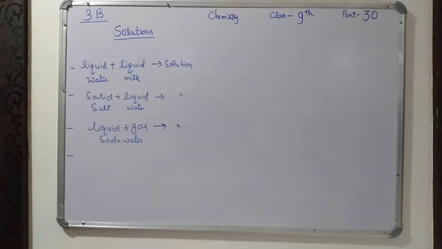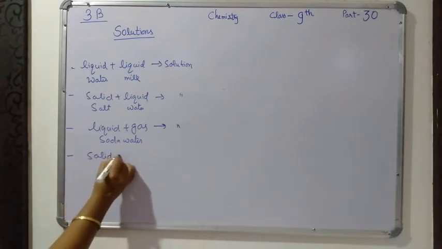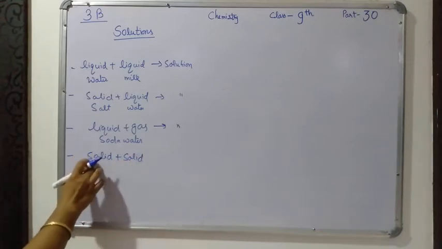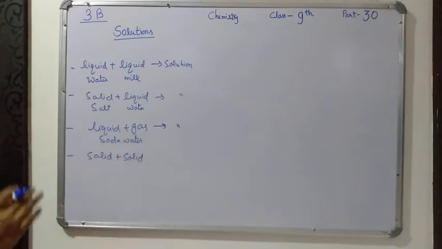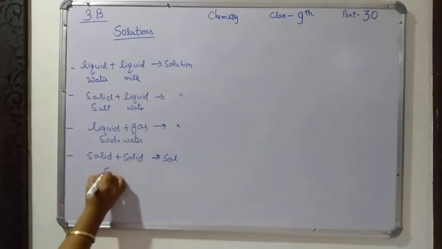A solution can be formed by mixing a solid with another solid. This is a new thing for you, I think. When you mix one solid with another solid in a liquid form, you will also get a solution. Examples are alloys.